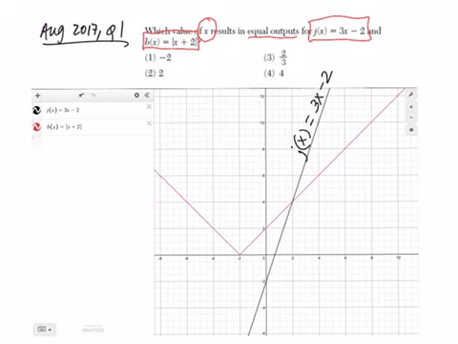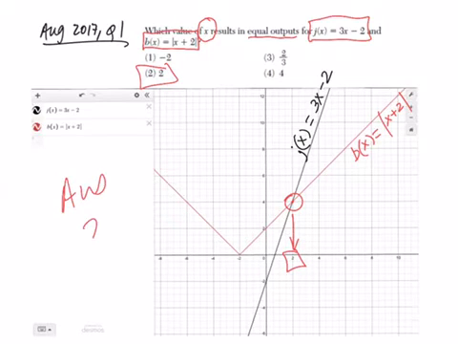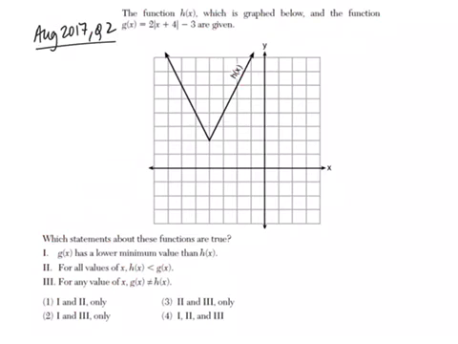And the red line is b(x) is equal to absolute value of x plus 2. Now they're saying where are these two graphs equal? So right here, right? Right here. So what's the x value? It's 2. So let's look for 2 and then answer choice. Answer 2.